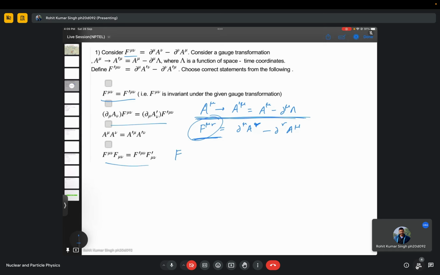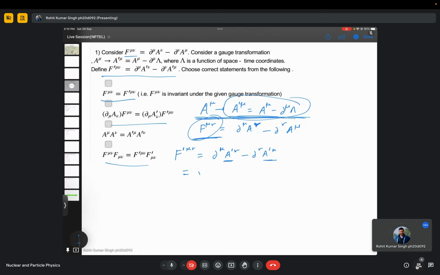So let's write F prime, which is given in the problem also, as del mu A prime nu minus del nu A prime mu. Let's replace the A prime using this expression.